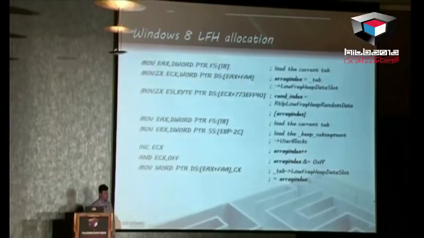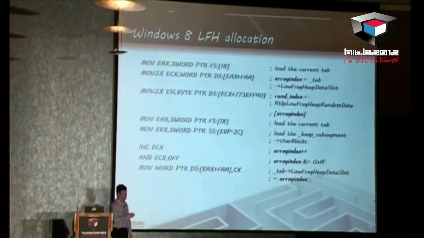But let's have a look at how the allocation is working. Let's go through this. First of all, it looks up an index value. This index value is looked up from the heap data slot, and the index value is then used to look up a random byte from the heap random data array.